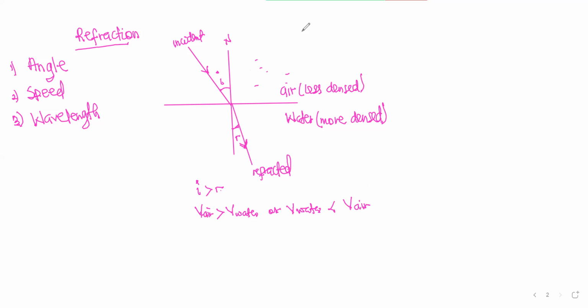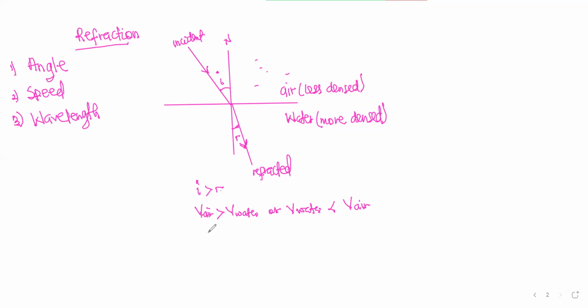Just imagine yourself running from air into a pool of water and trying to run in it. You realize that the moment you get into the water medium, your speed will easily be reduced. So the speed of light in water will be less than the speed of light in air.